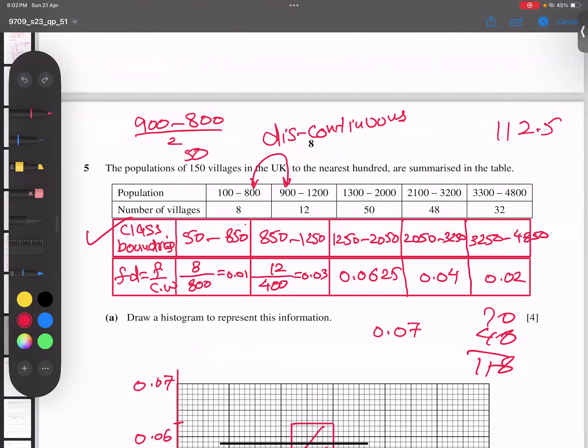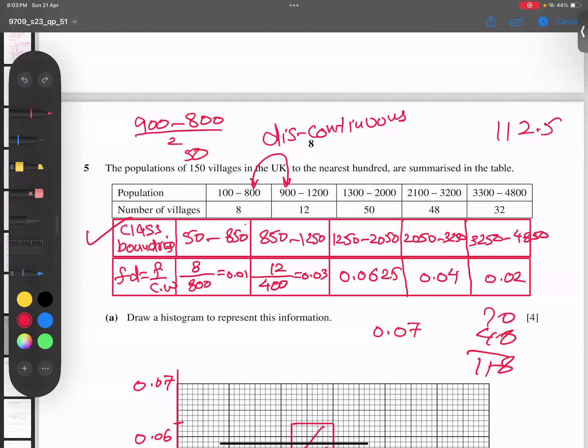Okay, same section. And wait a minute. Just a minute. It is 3200. Let me recheck. 118.